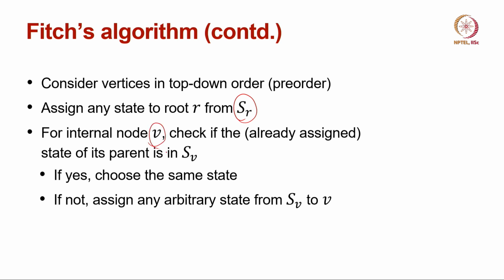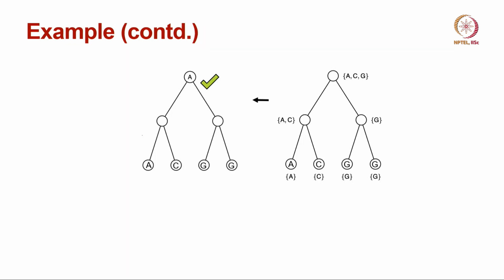For an internal node V, we will check if the already assigned state of its parent is in S_V. If yes, we will choose the same state. If not, we will pick any arbitrary state from S_V and assign it to node V. Let me illustrate through the example.